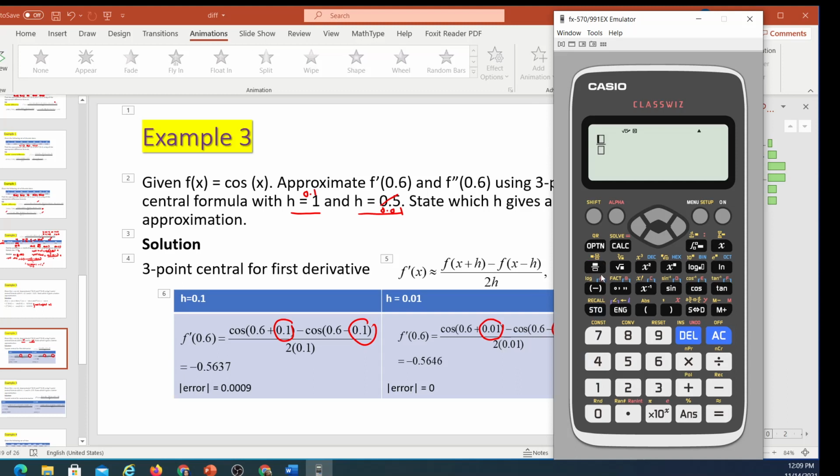I will put it here. We don't have h, so just put a.